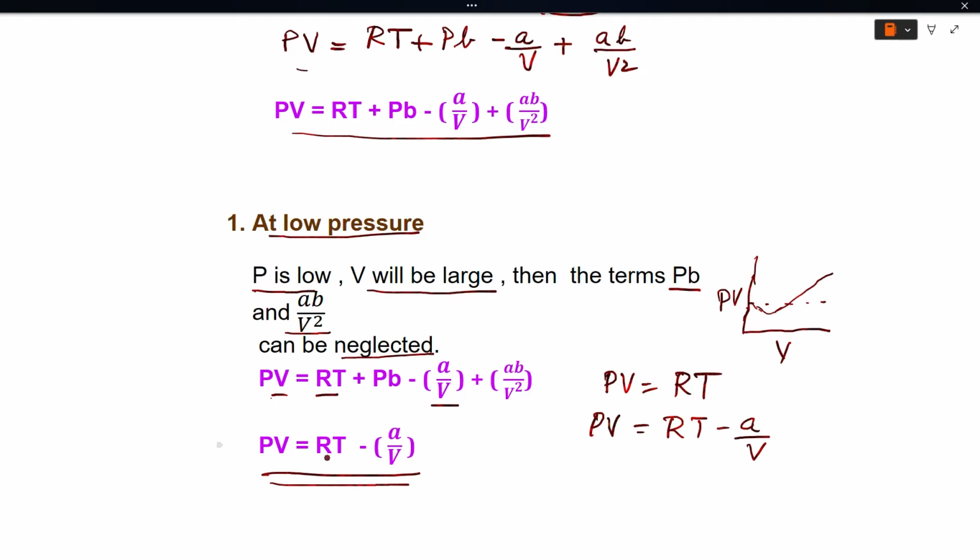So there will be a decrease in the low pressure regions.